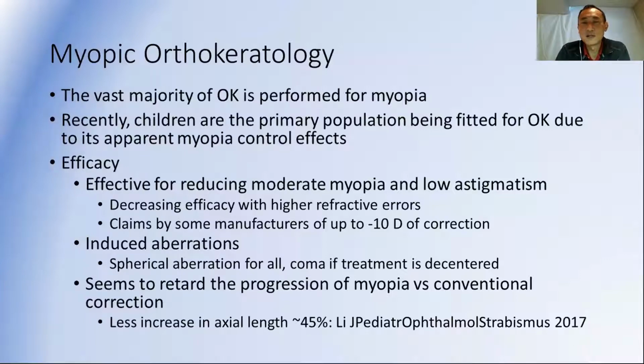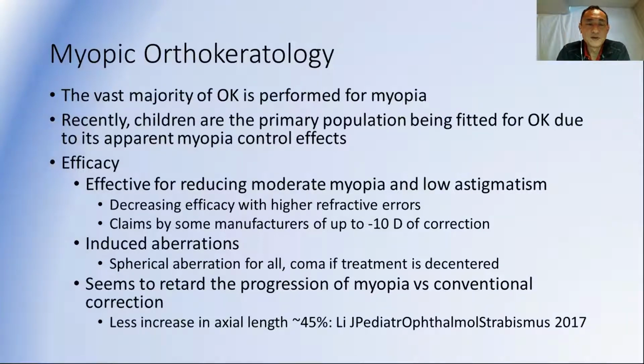And that's why I've been able to correct patients who are above -6, as long as they understand that for them it is an off-label use. There are claims by some manufacturers that their lenses can correct up to 10 diopters of myopia. I've not done anything that high.